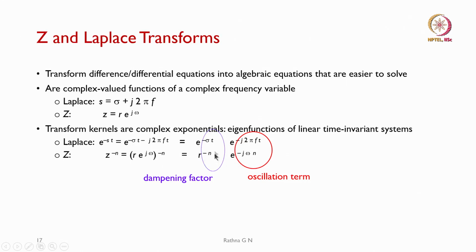So, we constitute that e to the power minus sigma t and r to the power minus n as the damping factor, whereas the other exponential factors e to the power minus j 2 pi f t and e to the power minus j omega n are the oscillation term in our representation.